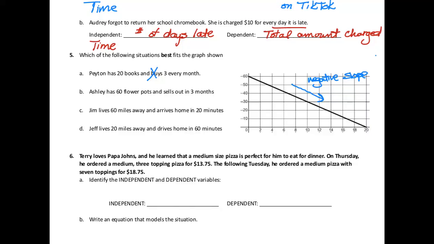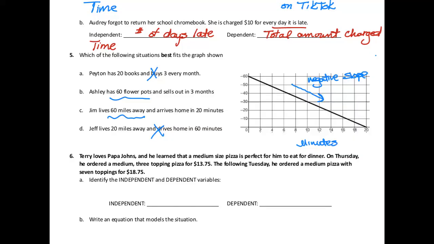She has 60 flower pots and sells out in 3 months. Jim lives 60 miles away and arrives home in 20 minutes. So that could be a possibility. Jeff lives 20 miles away and drives home in 60 minutes. Nope, I don't think it's that. 60 miles away, arrives home in 20 minutes. So I'm going to say this is probably minutes.